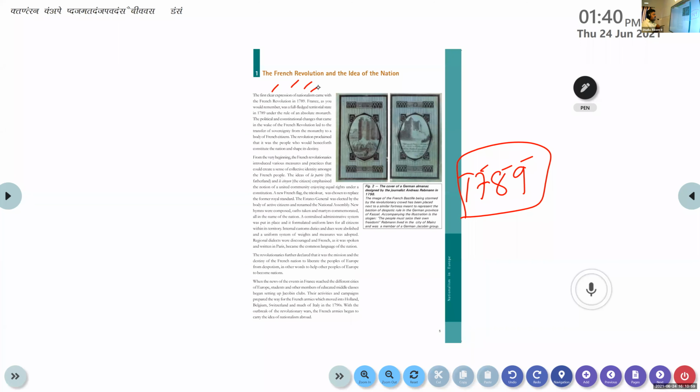France, as you would remember, was a territorial state ruled by an absolute monarch, under the control of an emperor till 1789.